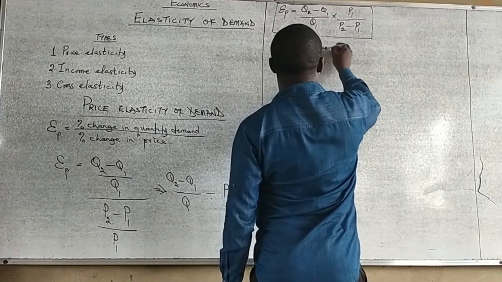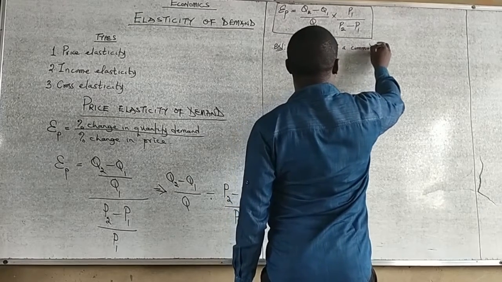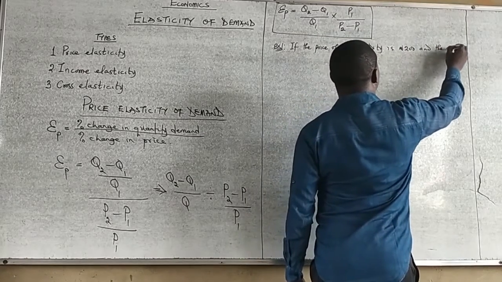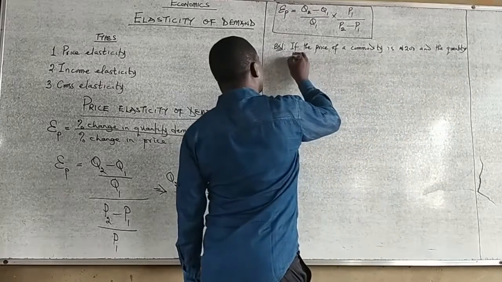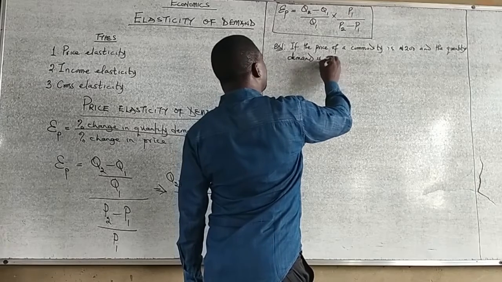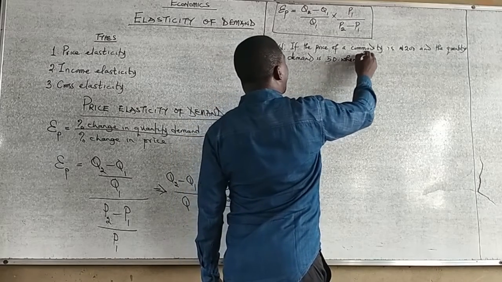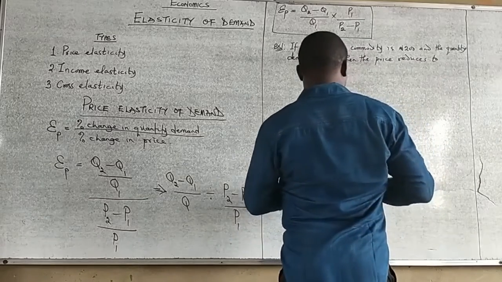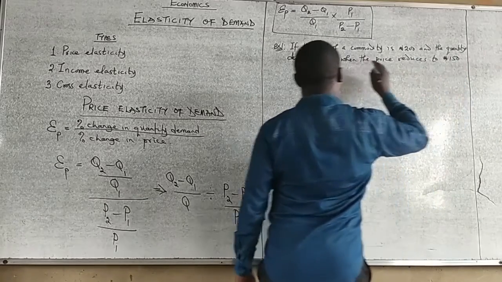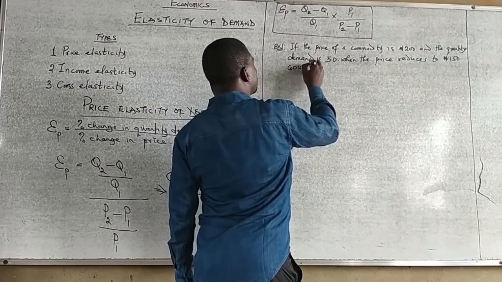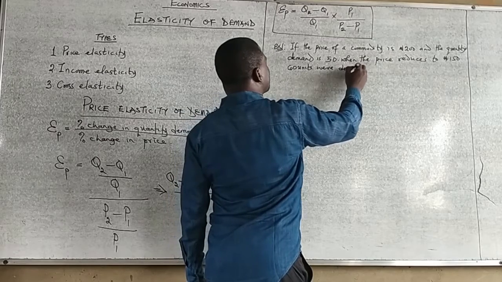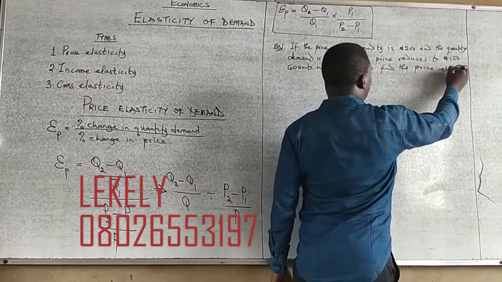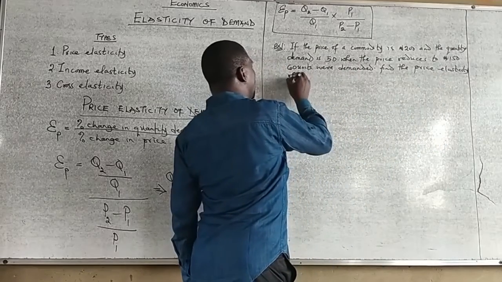If the price of a commodity is 200 naira and the quantity demanded is 50 units, and the price reduces to 150, 60 units were demanded. Find the price elasticity of demand.